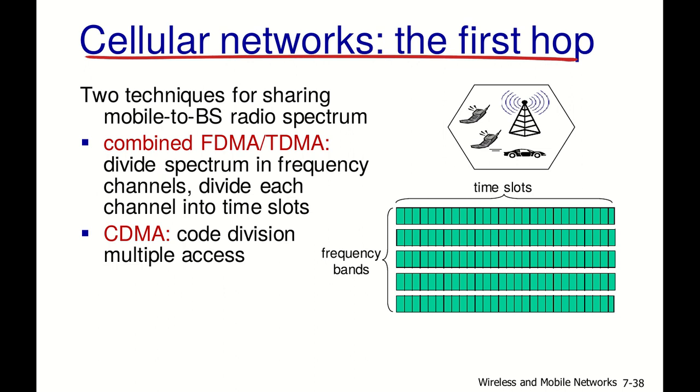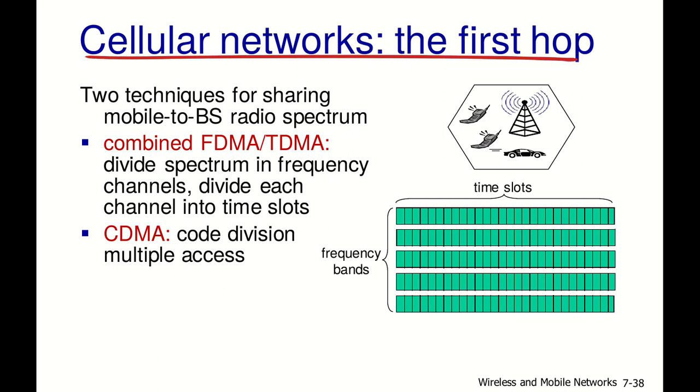While in CDMA, we are not dividing the users to transmit in different frequencies or time slots. They can use all the time and frequency, but the transmissions will be differentiated by different codes. So basically the base station will assign each user a unique code. This unique code becomes a kind of cipher code for the data that is transmitted or received.